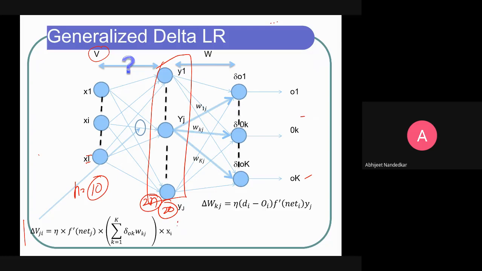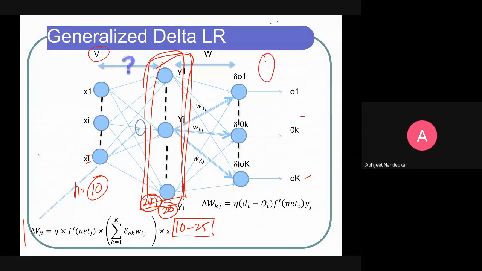You may require in general 20 to 25 nodes. Okay. The idea is this hidden layer will do the mapping of all the samples from X domain to some intermediate Y domain, so that they will be linearly separable.